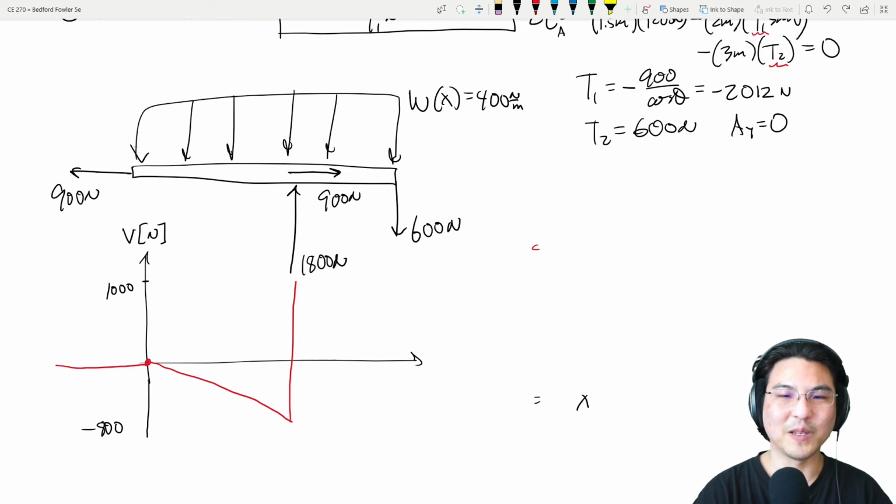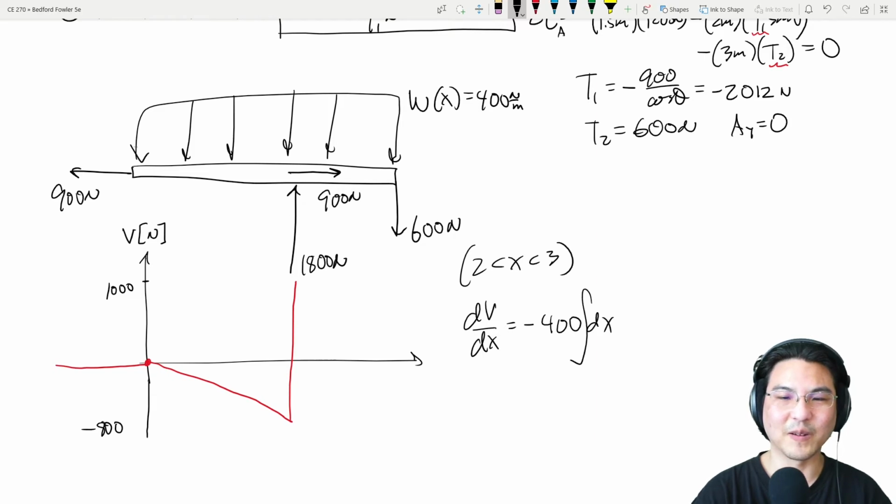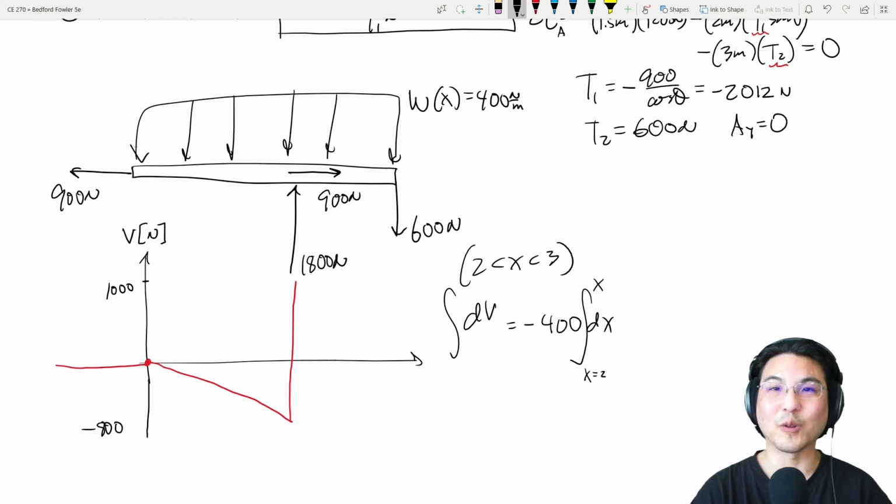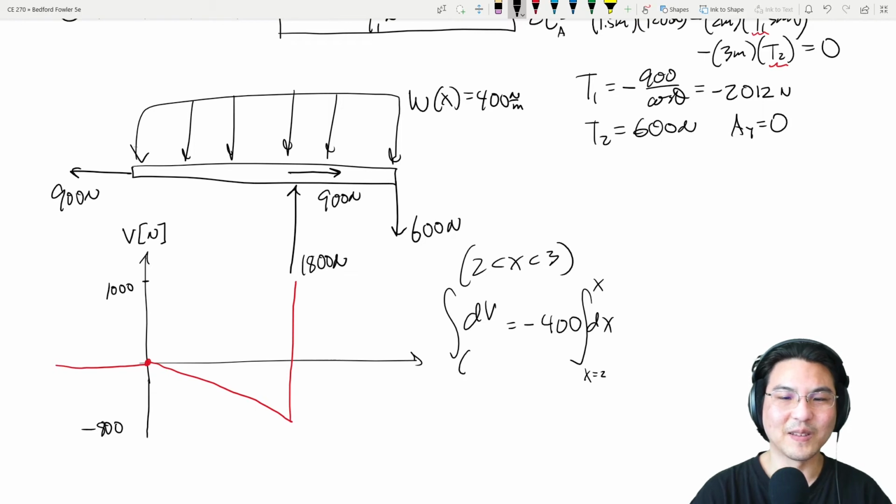So now we're between 2 and 3. So between 2 and 3, dV/dx equals minus w, which in this case is 400. So move dx over here and then integrate both sides. But now we're integrating from x equal to 2 to some other x between 2 and 3. So this is V at x equal to 2 to some other V between 2 and 3.